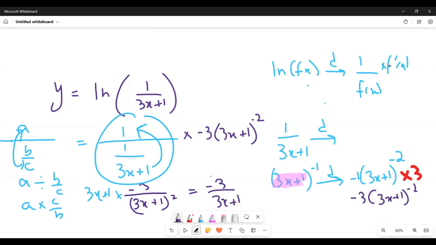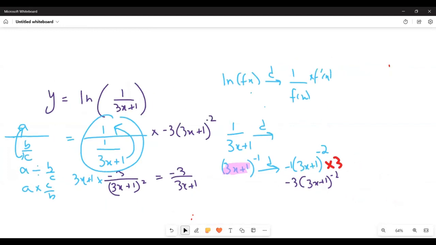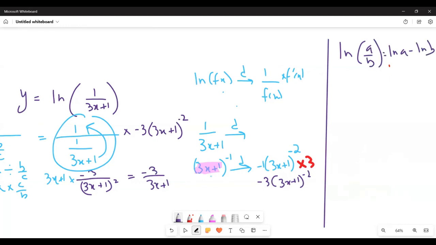We could use the property of log. You remember the property ln A upon B? If we have a fraction inside the log, what is ln A upon B equal to? If you have ln A upon B, then it can be written as ln A minus ln B. So I'm going to rewrite the question.